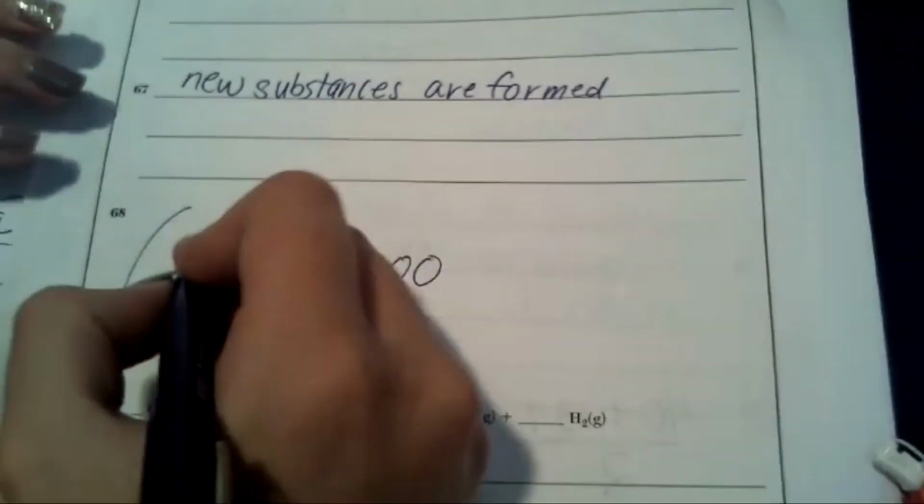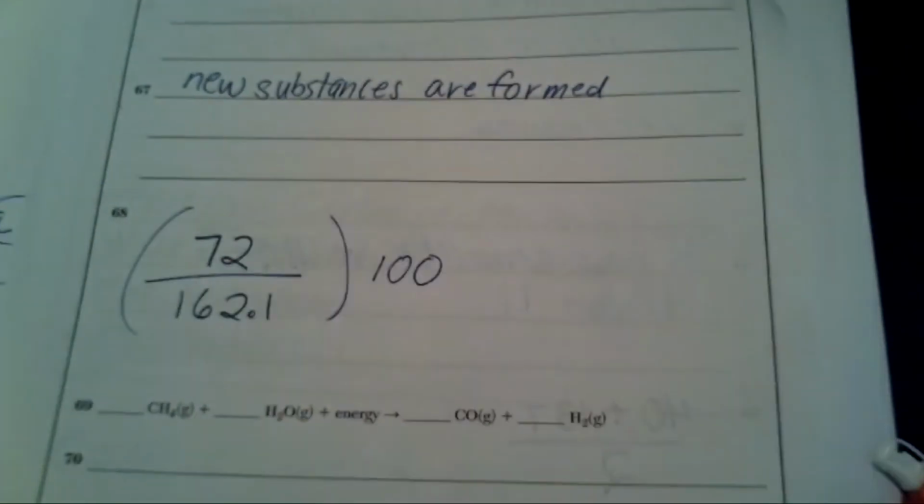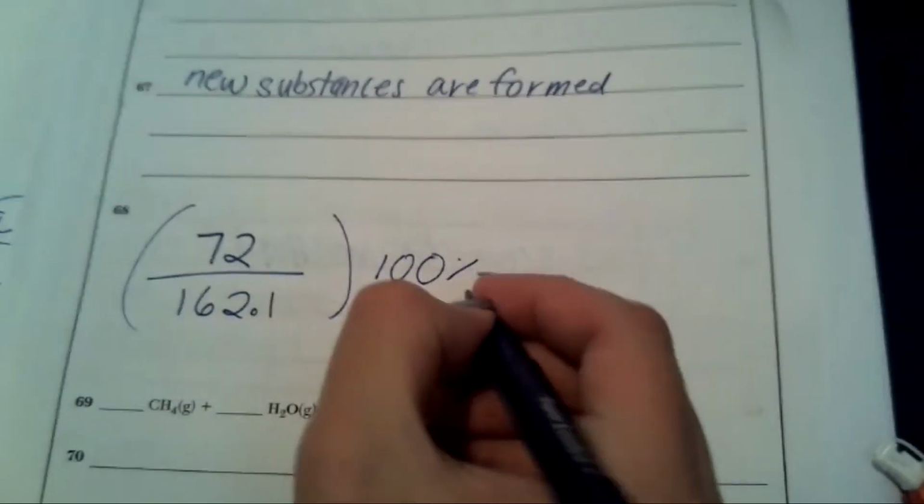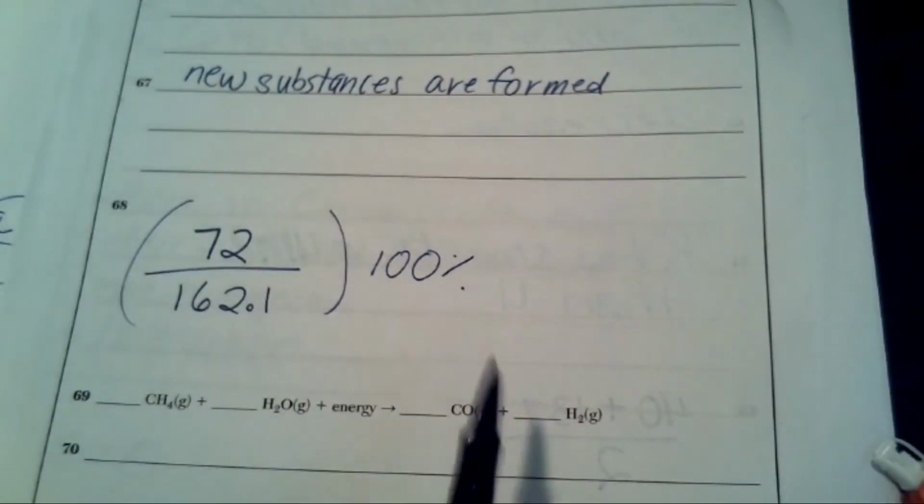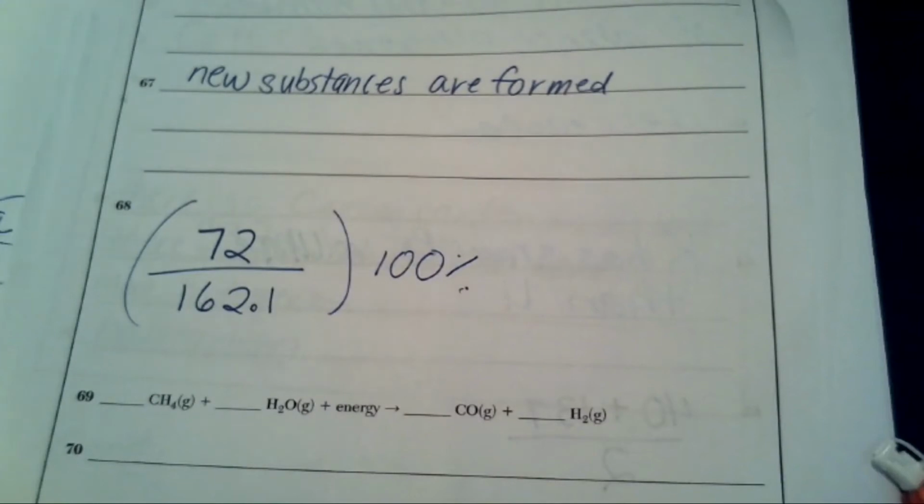So I'm going to put all of my carbons right there. 72 over 162.1 times 100. Now, again, you don't need to solve. It just says show a numerical setup. So that's all you have to do. I would actually make that a percent because that shows you the units. But because percent is a unit, you technically don't need it there because in chemistry, they don't grade you on units.